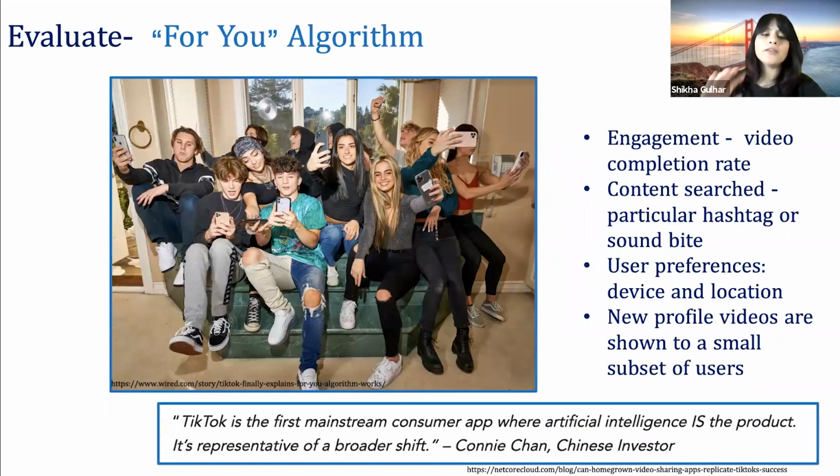Now, according to a key investor of TikTok, the actual product itself is artificial intelligence, and this maps to their For You algorithm. This algorithm is set in place in such a powerful way that it not only monitors the engagement of every video that's being completed at an individual member level, but it also provides a very strong, powerful search engine that allows you to search via popular hashtags or sound bites.